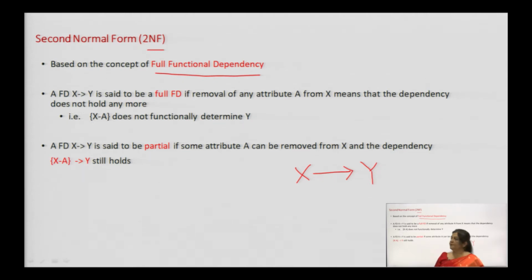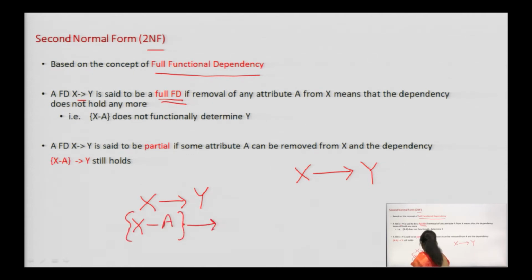Now, a functional dependency X to Y is said to be a full functional dependency if removal of any attribute A from X means that the dependency does not hold any more. So, if I have a dependency X to Y, I remove any attribute from X, and if the dependency X to Y does not hold, then we say that X to Y is a full functional dependency.